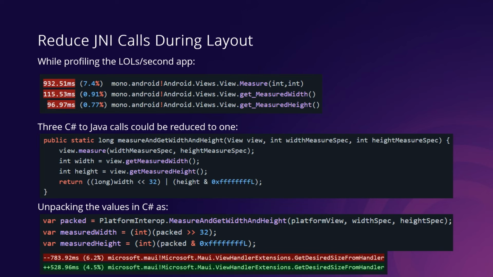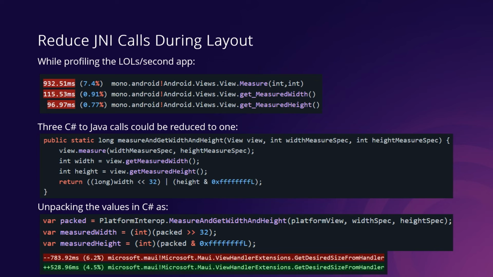After thinking about it a little bit, what we could do is instead write a method where we cross once. So we pass in all the values we need, the view and the 2 width and height measure specs. Don't have to worry about what that is. And then we could pack the 2 values we need into a single long. And then on the C# side, we could unpack the values that we need into integers as we need.